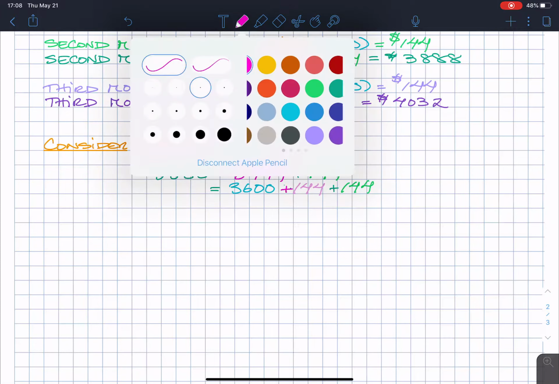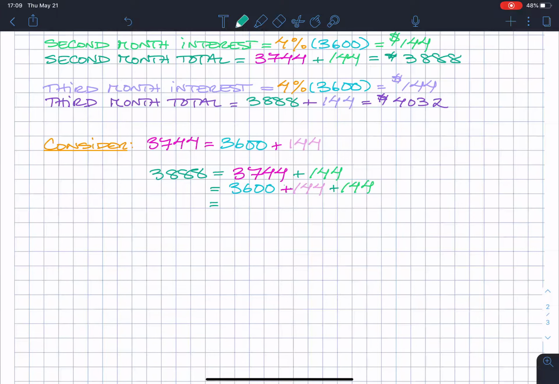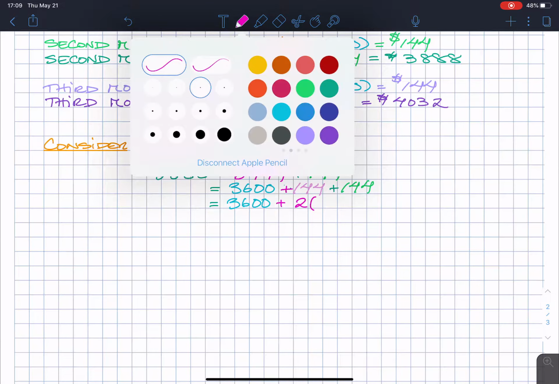Okay, so the second month total looks like it's $3,600 plus, how many 144s? It looks like 2 times 144.